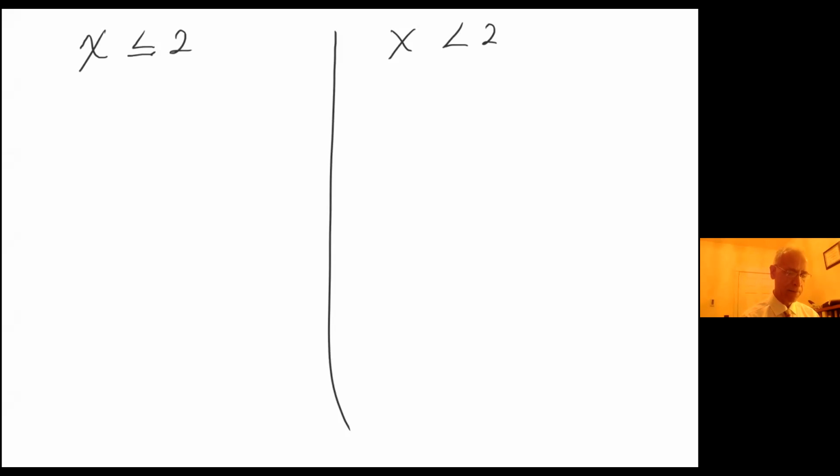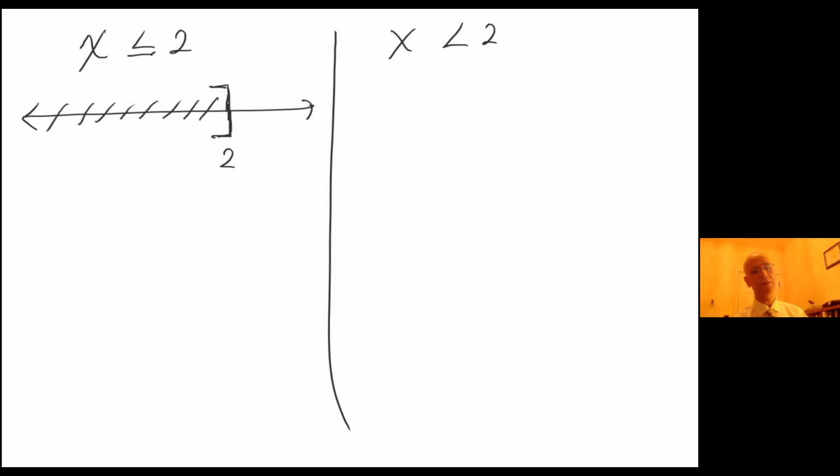So three ways of showing this. I can say x is smaller than or equal to 2. If this is 2 and we have the equal sign, I'm using a bracket here. This is one way of showing all values to the left of 2.